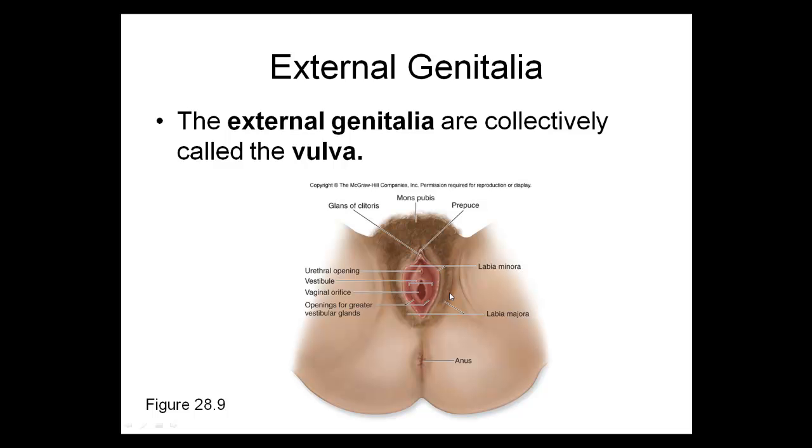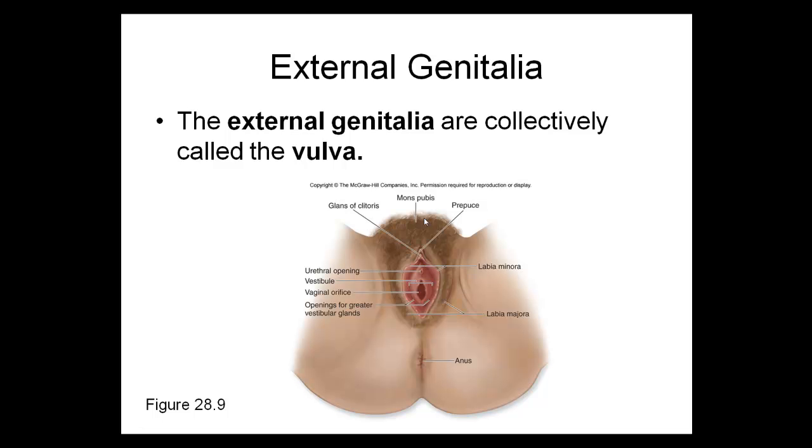The labia majora here are folds of skin that are partially covered with hair on the lateral aspect, and medial to them we will have other folds, and that will be the labia minora. The labia minora will have what we call the vestibule, and this is this opening here between the two labia minora, and that will hold the orifice for the vagina, and also the opening for the urethra, or the urethral opening.